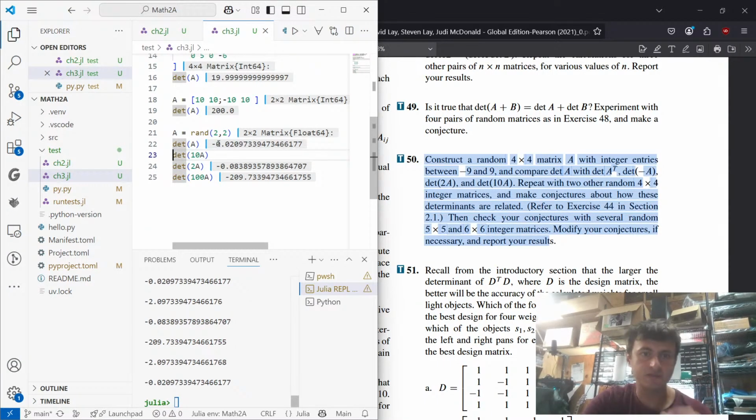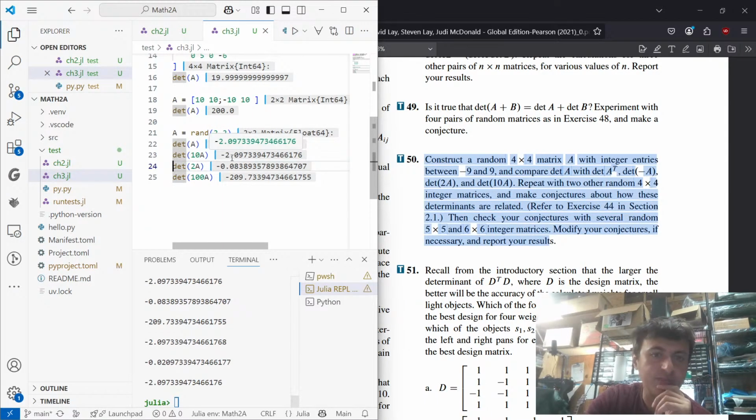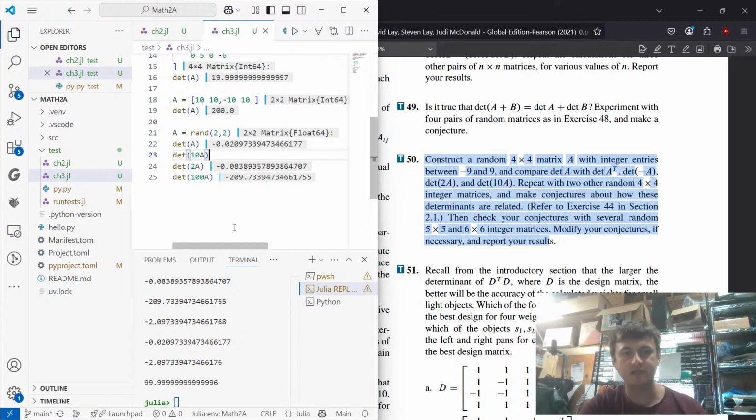Okay, so this is minus 0.02. But 10A is minus 2. So it's not times 10, it's times 100. Like if we were to do this, we get 100. That's kind of interesting. And then here, you get a 10,000.